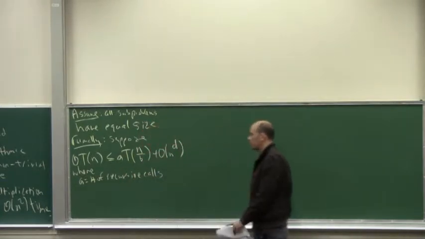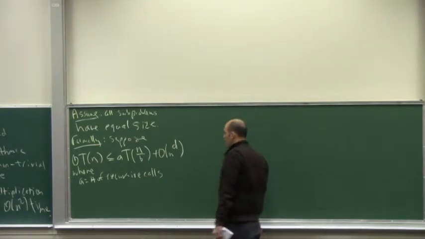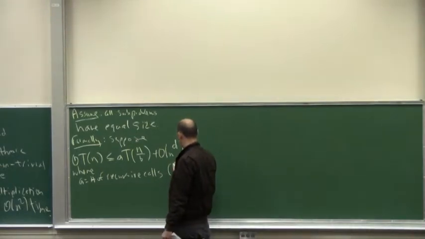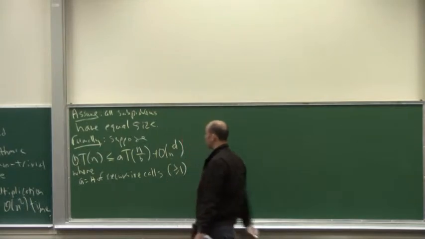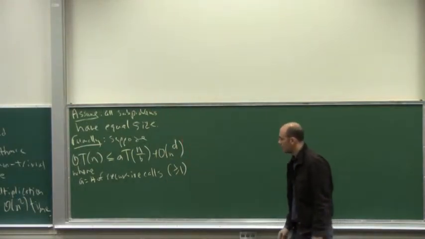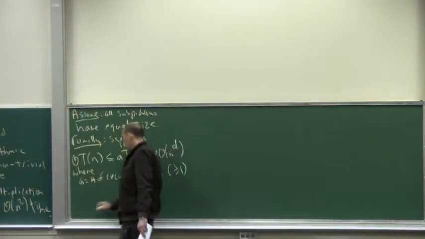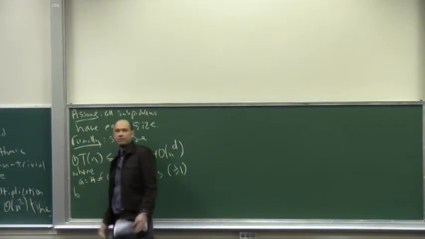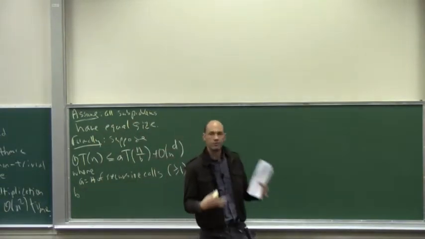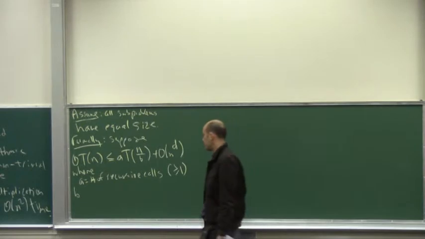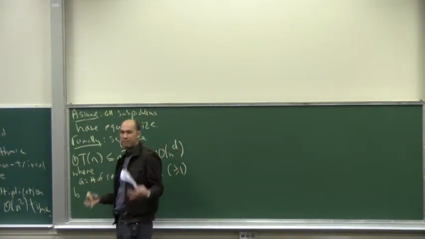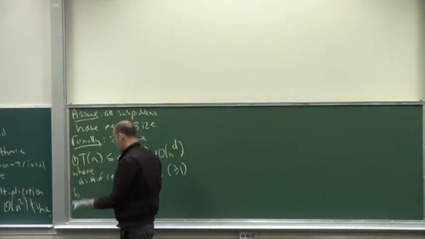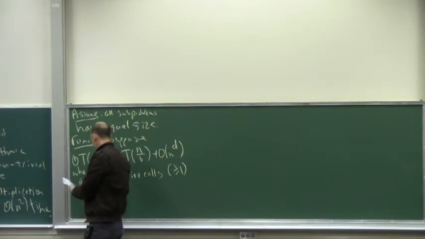Okay, so we've seen examples 2, 3, and 4 so far. A could even be as small as 1. That's allowed. Okay, so A is going to be a positive integer. B is the factor by which we shrink the input before we go to a recursive call. Okay, so far we've only seen shrinking by half, shrinking by a factor 2, but we'll allow other shrinkage factors as well.